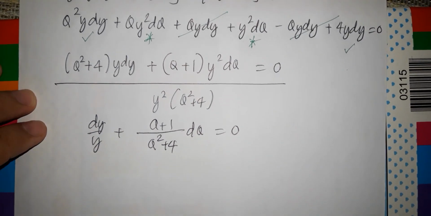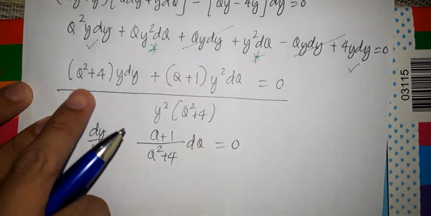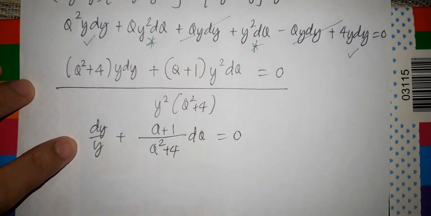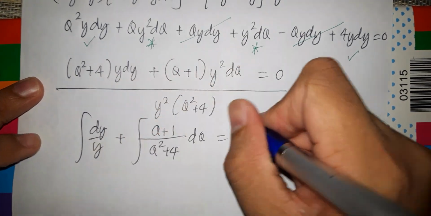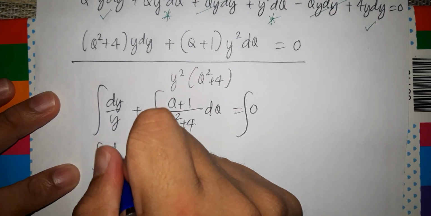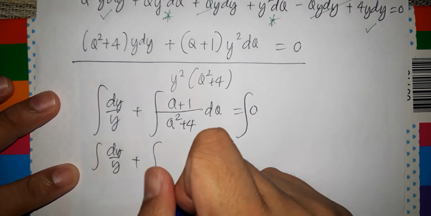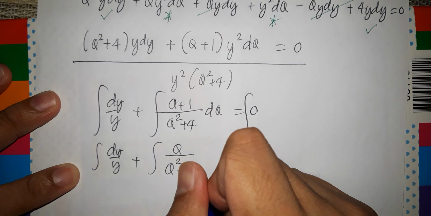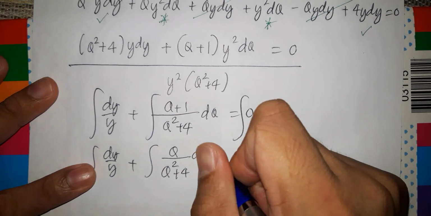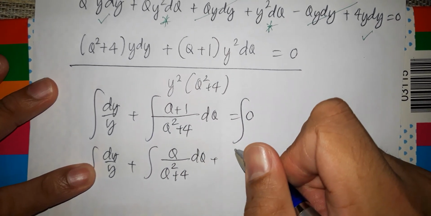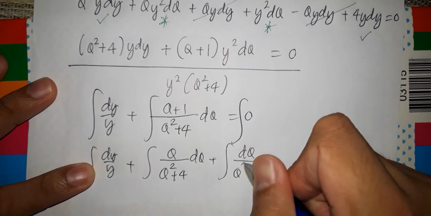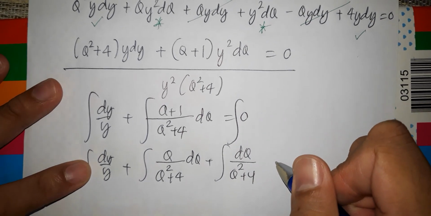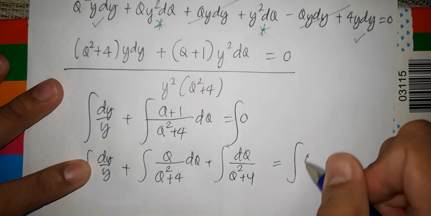Now, it's ready for integration. So, integrating, we have the integral of dy over y plus the integral of q over q squared plus 4 dq plus the integral of dq over q squared plus 4 equals the integral of 0.